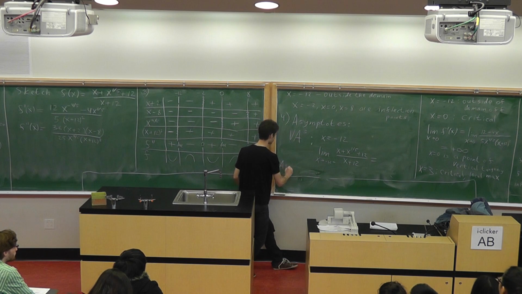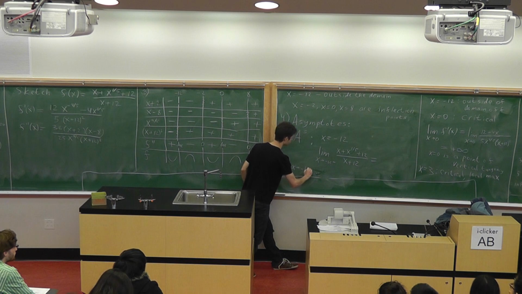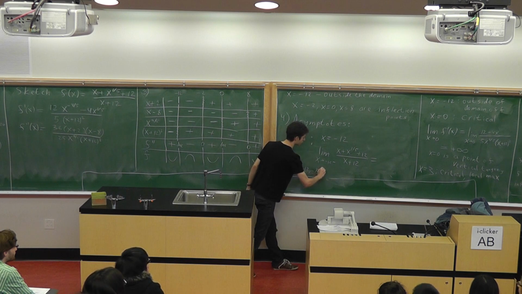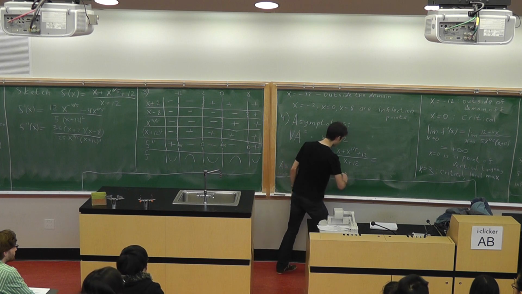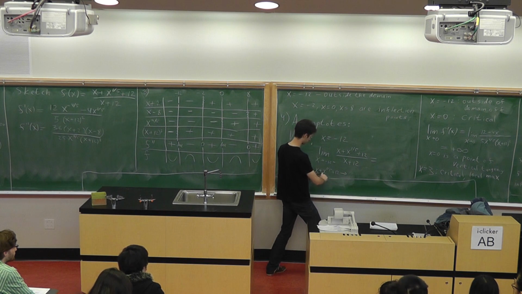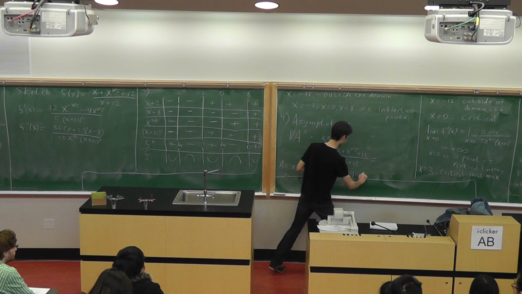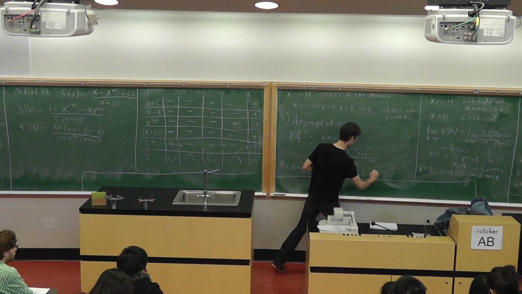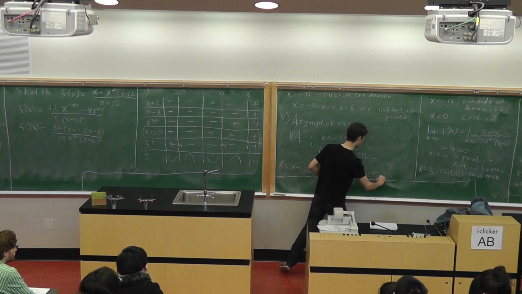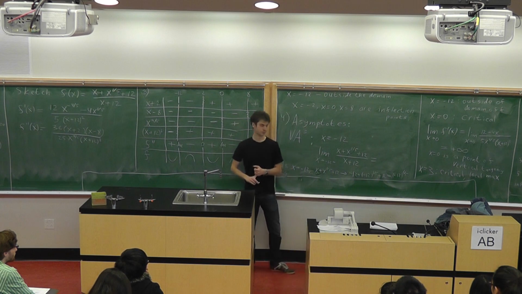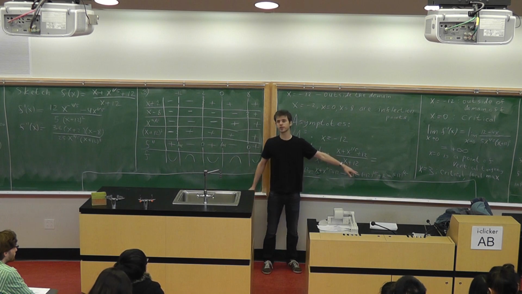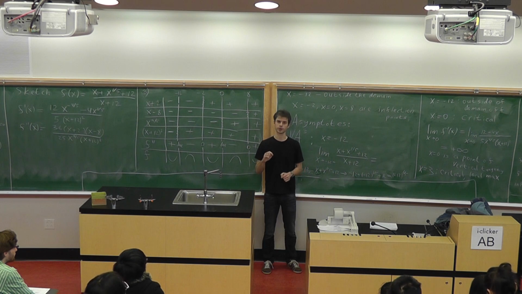As x approaches minus 12, x plus x to the power 1 over 5 plus 12 approaches minus 12 plus minus 12 raised to the power 1 over 5 plus 12. So it's minus 12 raised to the power 1 over 5. The numerator approaches some negative number.